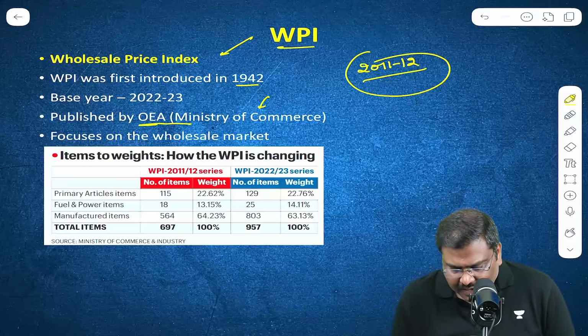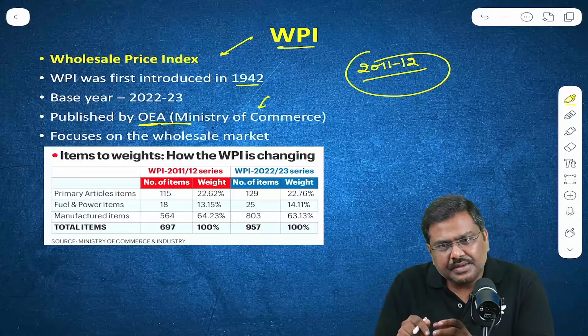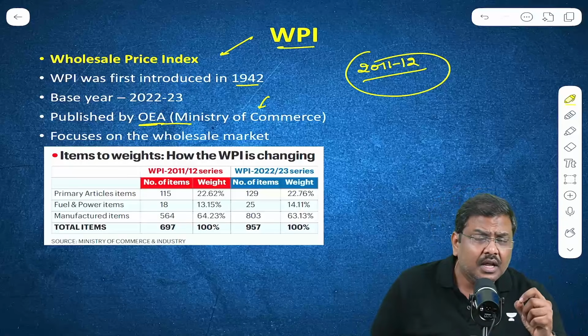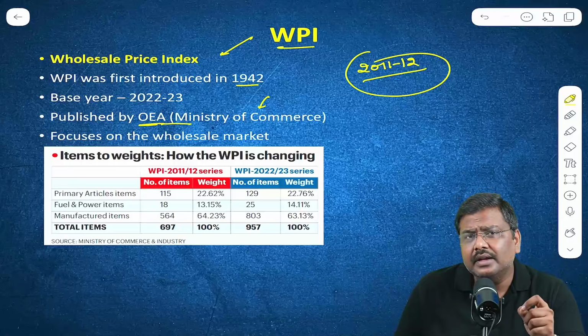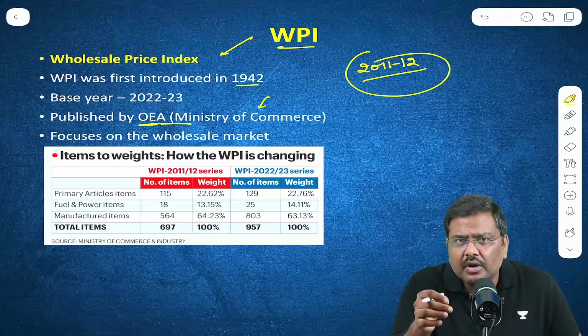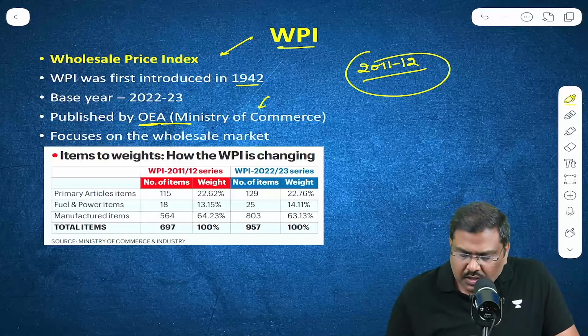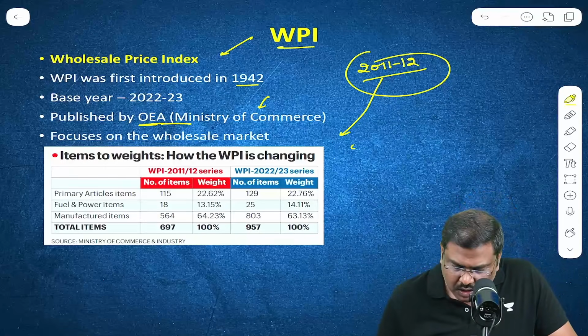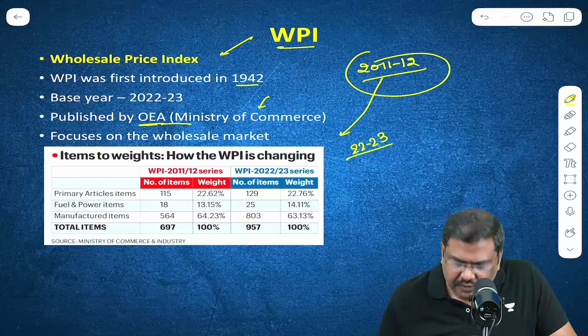So the Office of Economic Advisor publishes the wholesale price index for every month. And this is one of the very important indicators that is used by the government, by many other institutions for efficient policy making. So the base year has been changed now from 2011-12 to 2022-23.